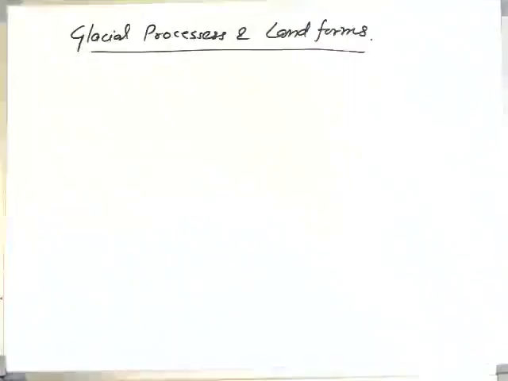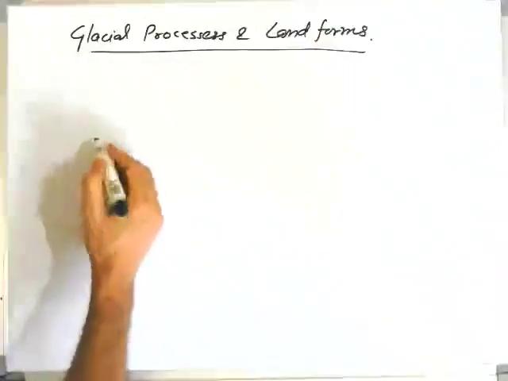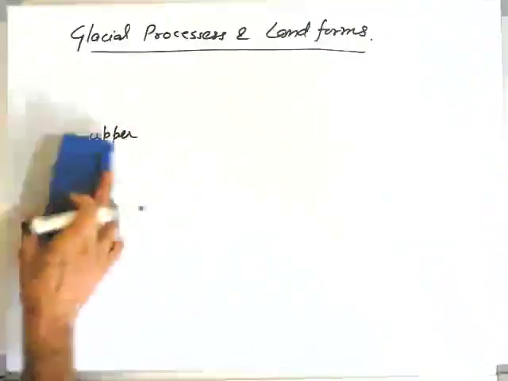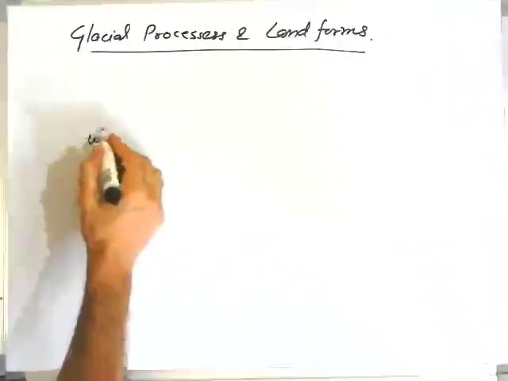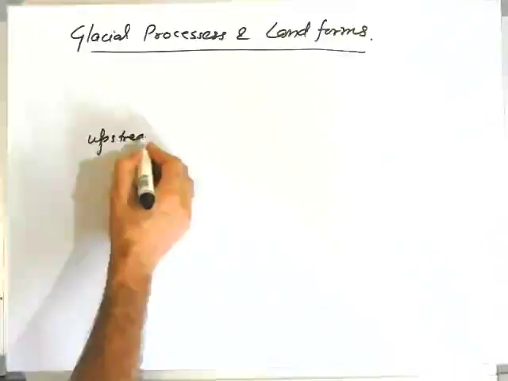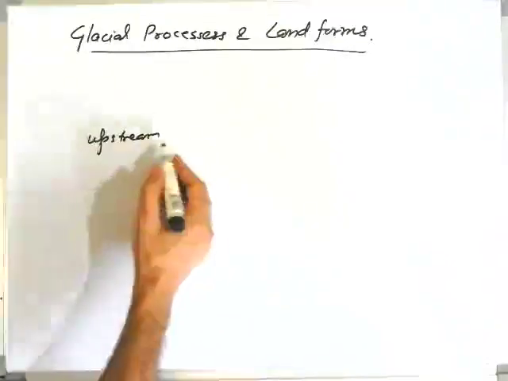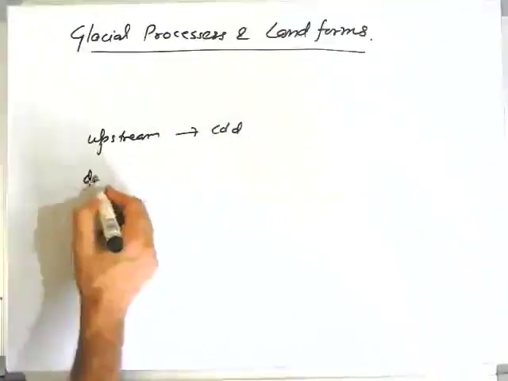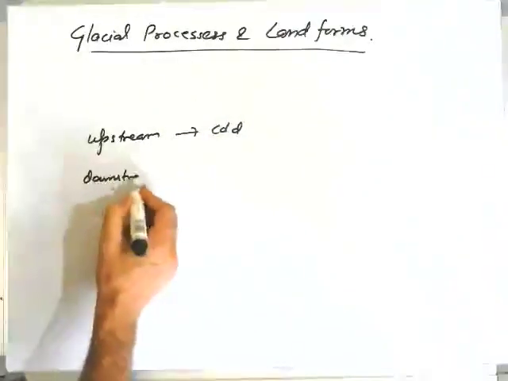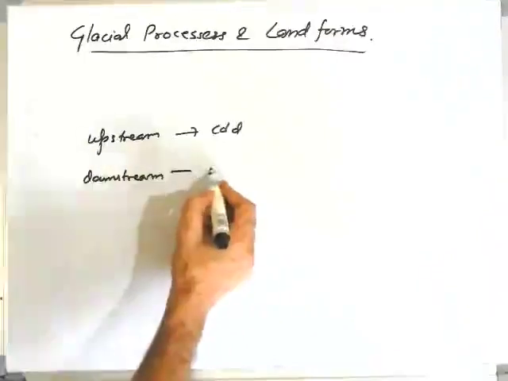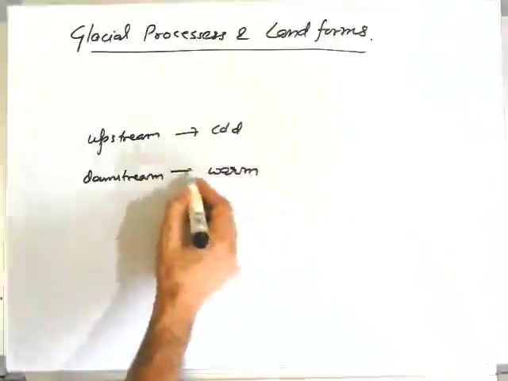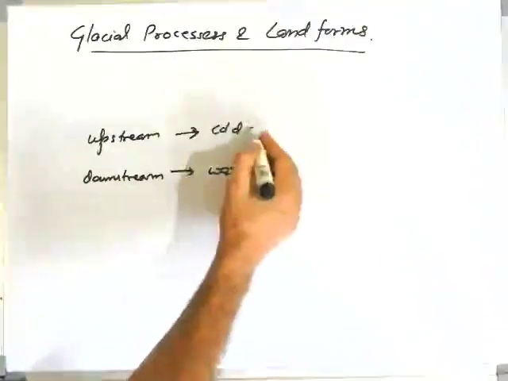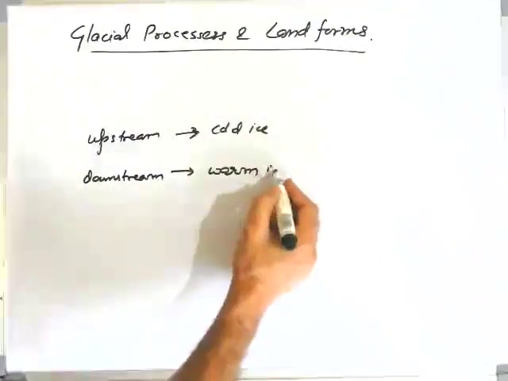Usually what happens is that in the upper portions of the glacier, in the upstream portions, you have cold ice, and in the downstream portion warm ice dominates.